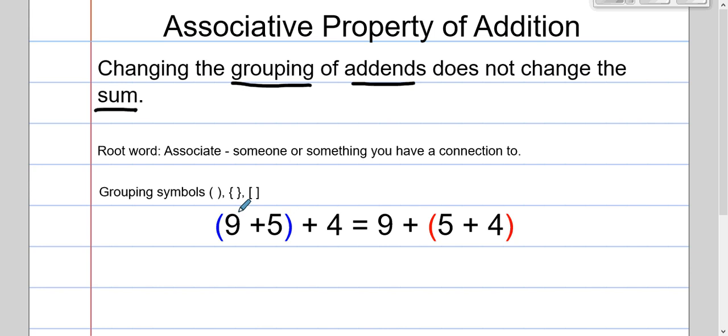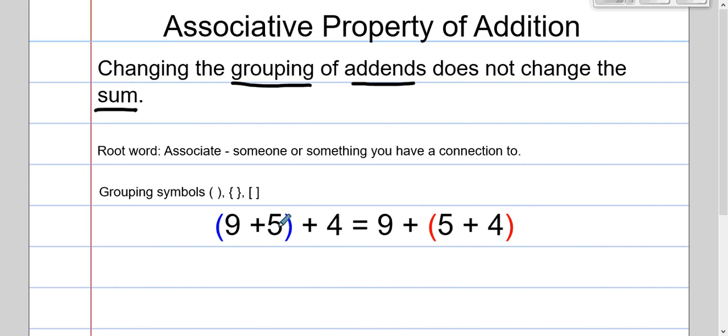So if I have all the same add-ins, 9 plus 5 plus 4 equals 9 plus 5 plus 4, what the associative property states is it doesn't matter if I add the 9 and the 5 together first and then add the 4, or if I want to add the 5 and the 4 first and then add the 9.